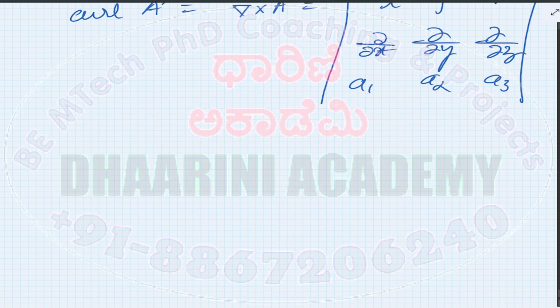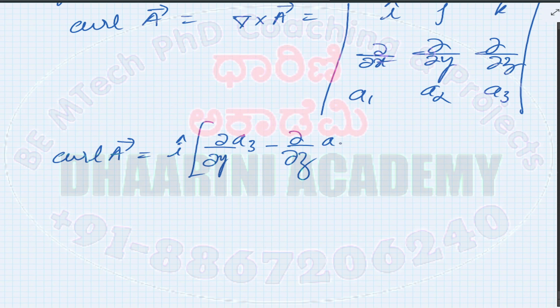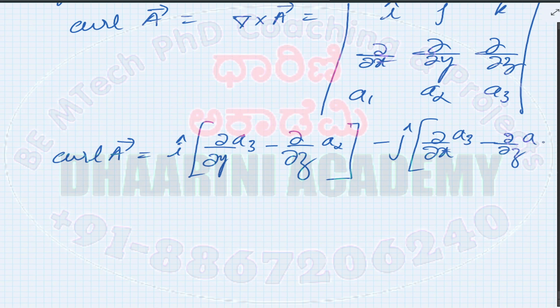So how do you represent this now? This is the standard, this is how we remember, but when we apply this, we are going to get the following notation. Curl A is nothing but I cap into ∂/∂y of A3 minus ∂/∂z of A2, minus j cap into ∂/∂x of A3 minus ∂/∂z of A1.